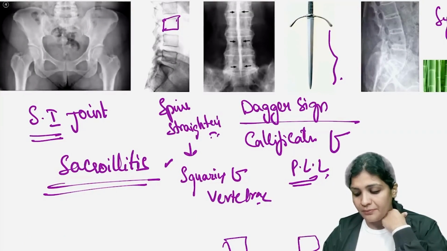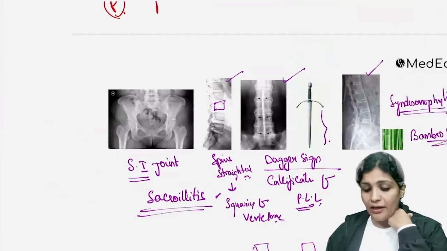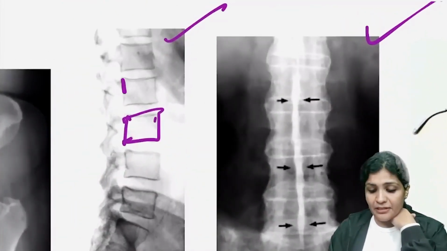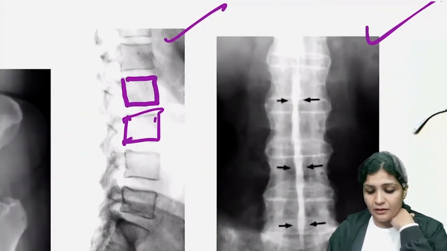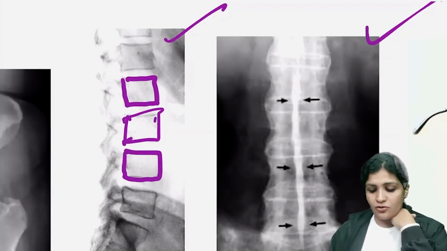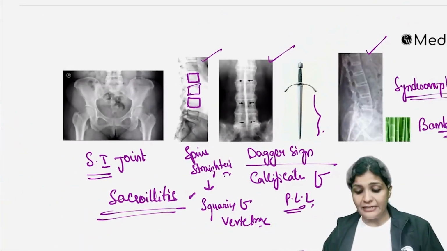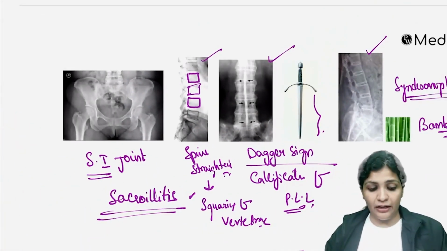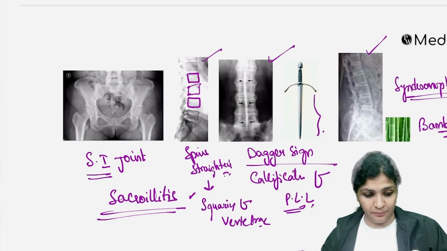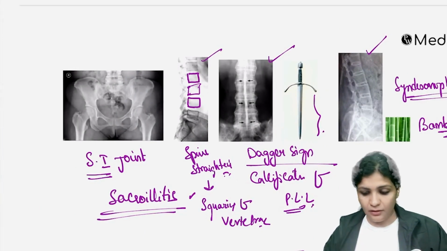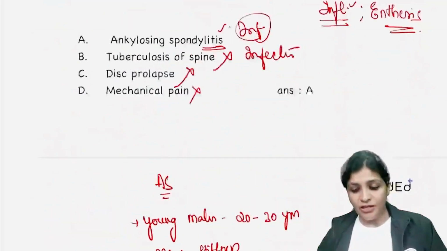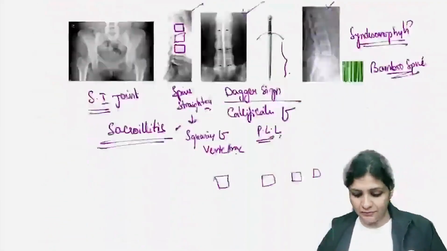So the vertebra is something like this, okay, and now what happens is it is completely straightened like this. So squaring of the vertebrae is usually seen, and then you have your dagger sign, sacroiliac joint involvement, and then bamboo spine. Yeah, anterior uveitis, very good. So this is all about your ankylosing spondylitis, right?